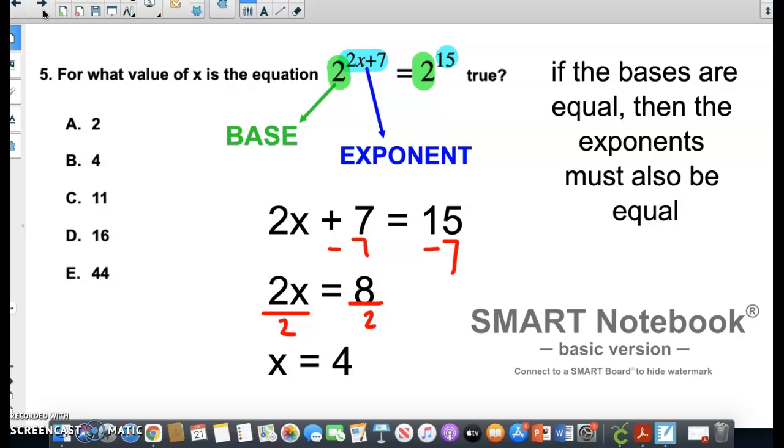So if the bases are equal, which in this equation they are, the base for each expression is 2, then the exponents must also be equal. So we're going to take our exponents and set them equal to each other. 2x plus 7 is equal to 15, and then it's just a basic equation that we want to solve for x. So we're going to subtract 7 from both sides to get that 2x is equal to 8. Divide both sides by 2, and we get that x is equal to 4.